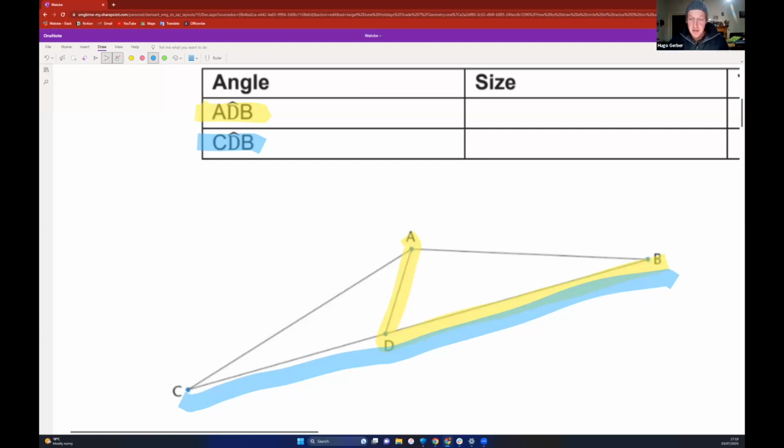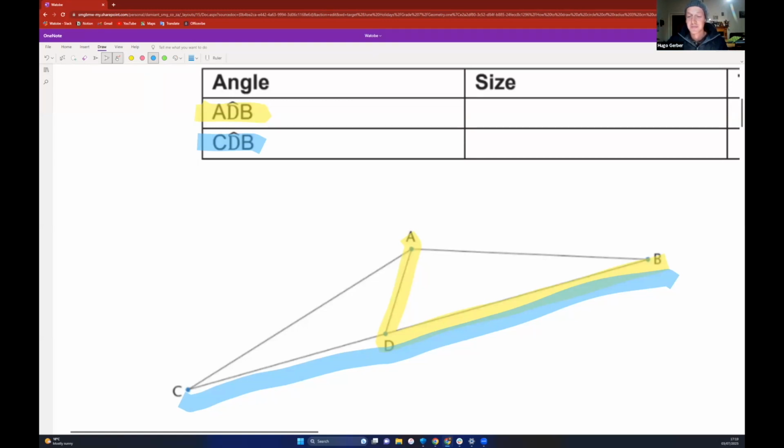I'm pretty sure I'm going to have someone very soon in the chat tell me already the answer for CDB, because you don't even need a protractor for that. What's CDB going to be? Angle CDB is a straight line, so it's going to be how many degrees? Yes.